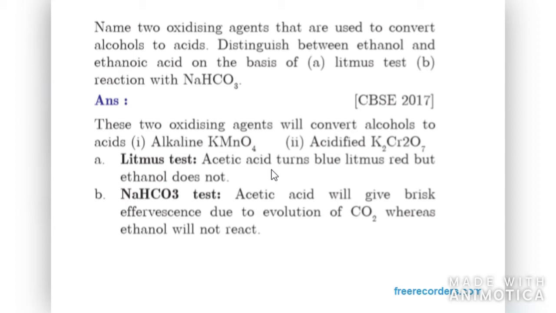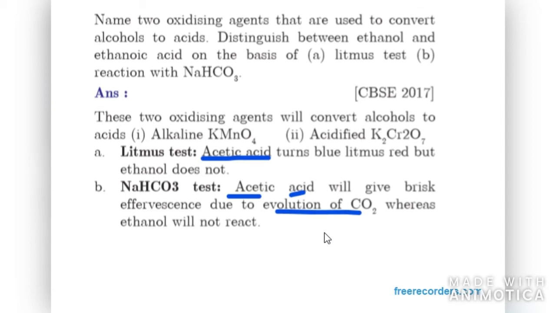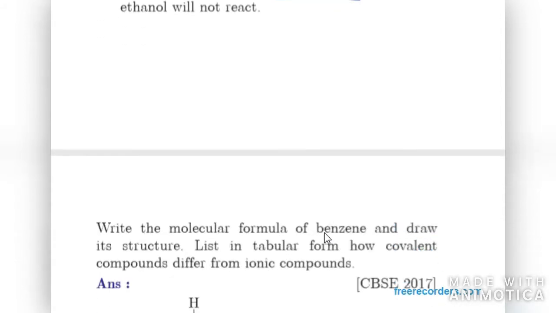So only ethanoic acid can show a change in this. Whereas with sodium hydrogen carbonate, ethanoic acid gives off carbon dioxide in the reaction, whereas ethanol will not react with sodium hydrogen carbonate. So this is the difference between ethanol and ethanoic acid on the basis of litmus test and reaction with sodium hydrogen carbonate.